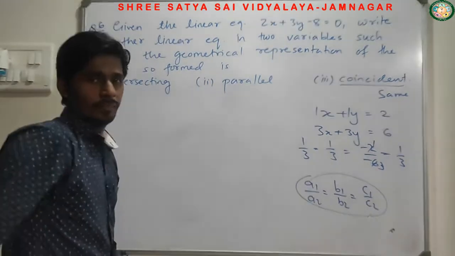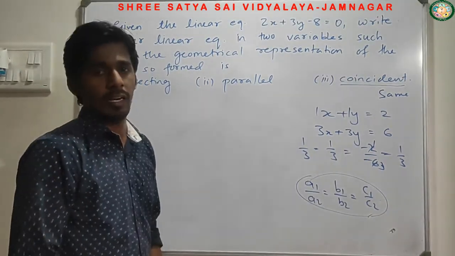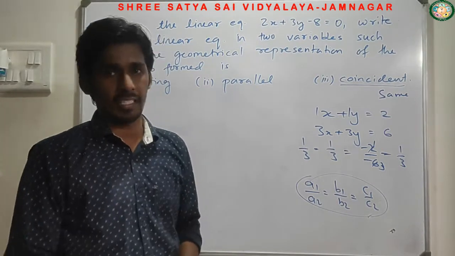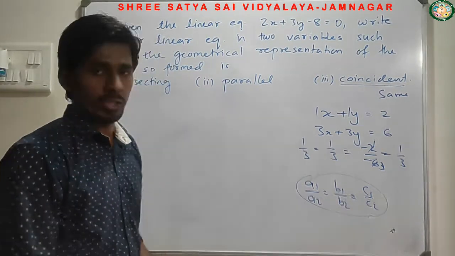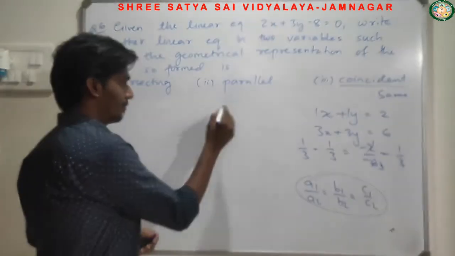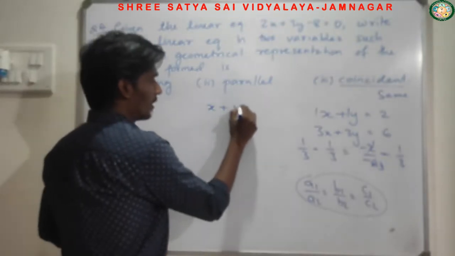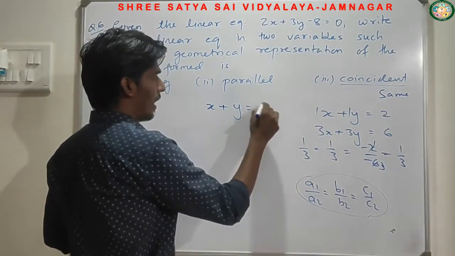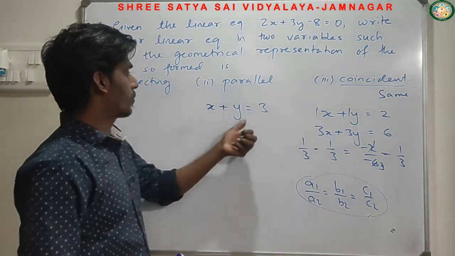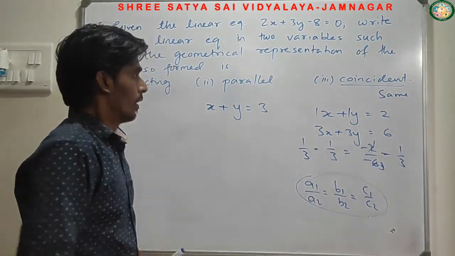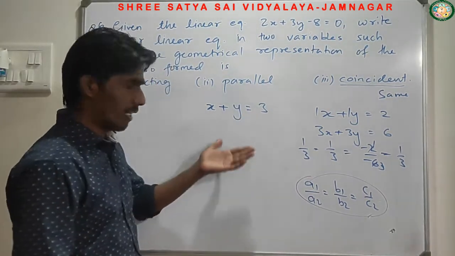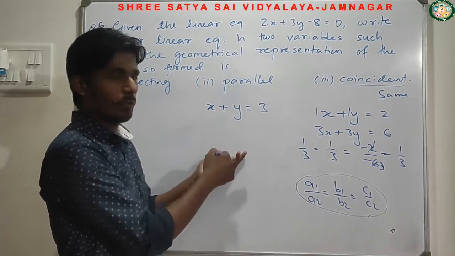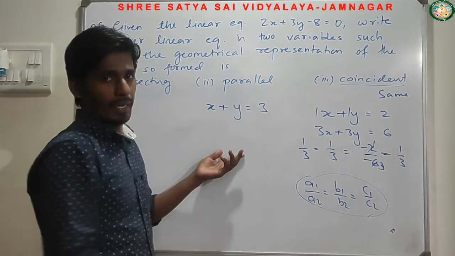Then parallel. Now for parallel, the lines are not intersecting. Lines intersect नहीं होंगे. No solution. तो उसके लिए भी let's take the same example. x plus y, now instead of 2, I'll take 3 here. x plus y equals 3. Now what I'm going to do to find the other equation... Parallel.